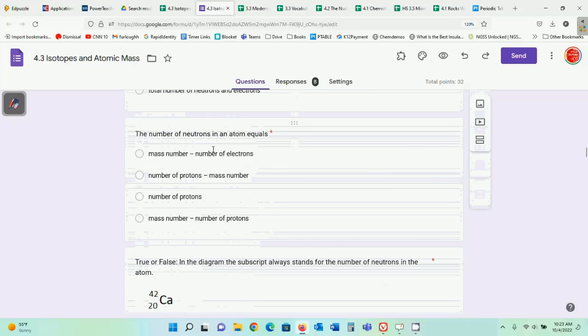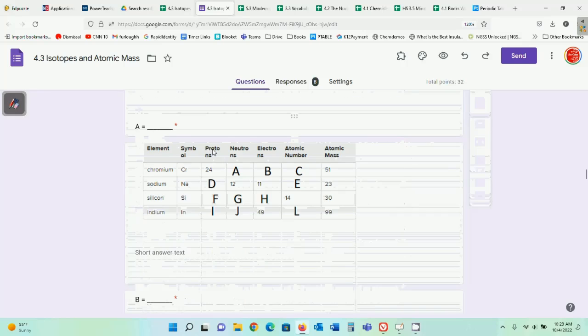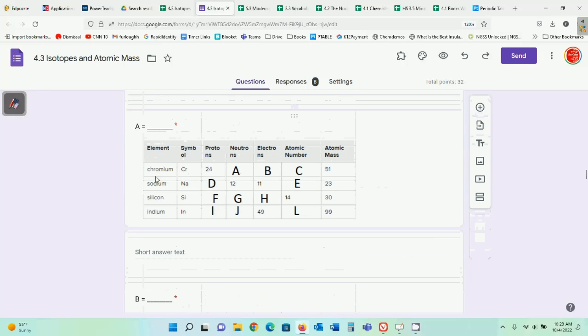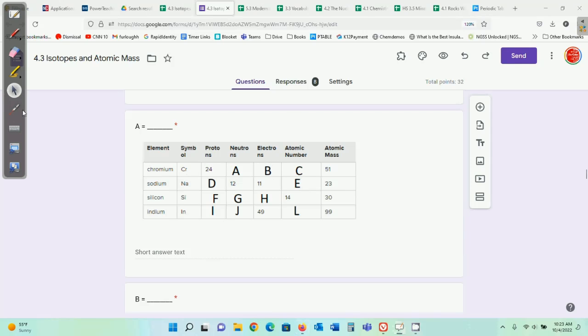All right, I'm going to skip over most of these. I think most people did okay on these. So with this one, you had to fill in the missing information. So for example, chromium has 24 protons. Well, if it has 24 protons and it's neutral, then it has 24 electrons.